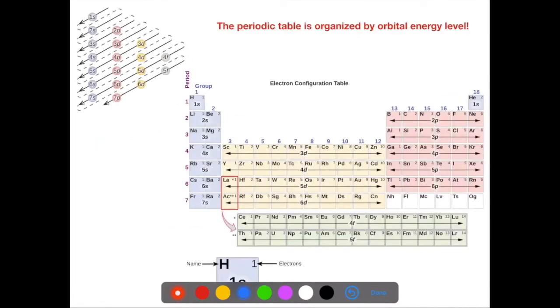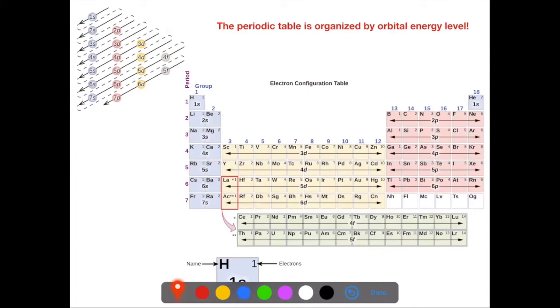And so what's shown here on this slide are 2 diagrams. The first diagram in the upper left-hand corner is the orbital energies that we just showed on the previous slide, and how to fill them. And then the second diagram over here is our periodic table, again for orbital energies.